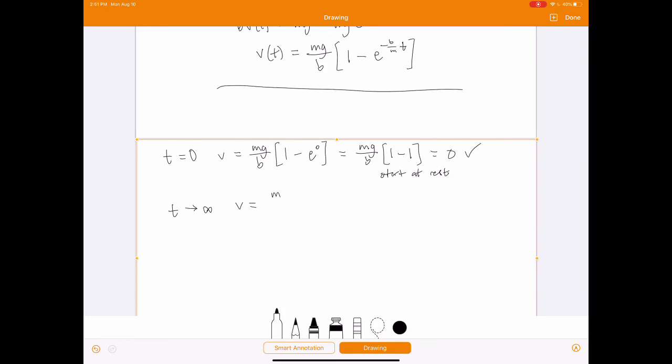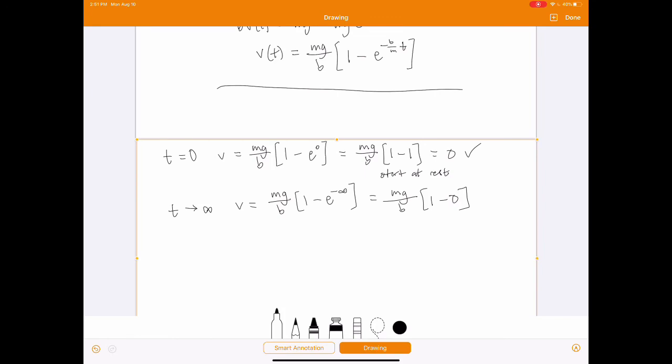So this time I'm going to have mg divided by b times 1 minus e. Now t is going to infinity, so I'm going to have minus infinity up here in the exponent. So if you take e to the minus infinity, you get 0.